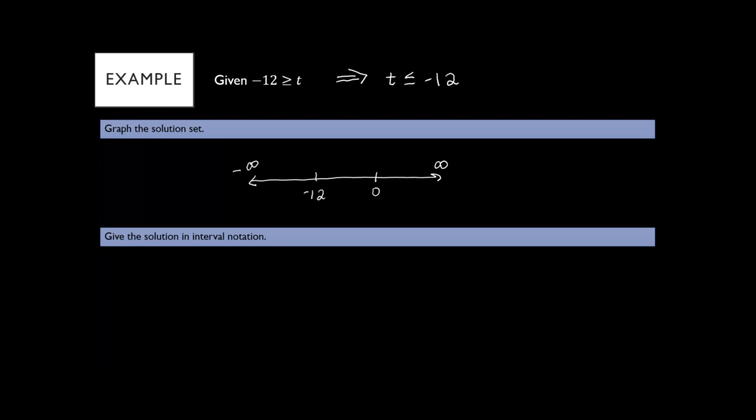And it doesn't matter that it's not x. What matters is your picture. So t is less than -12, so that's going to the left. And it's less than or equal to, so it can include -12, which means that we have a bracket. So in interval notation, the left part that I have shaded is at negative infinity, which is a parenthesis. Then I stop shading at -12 with a bracket.